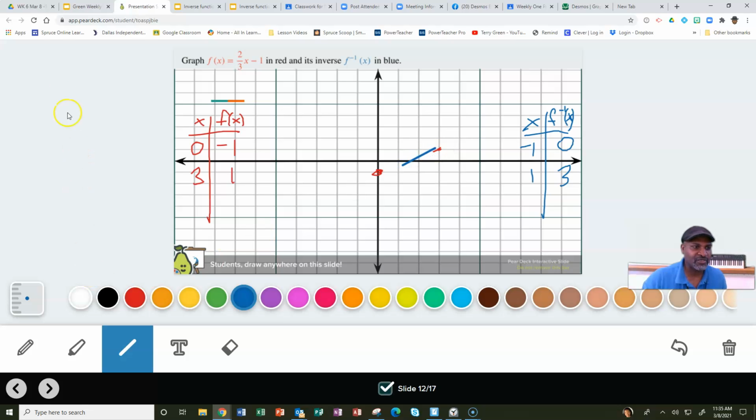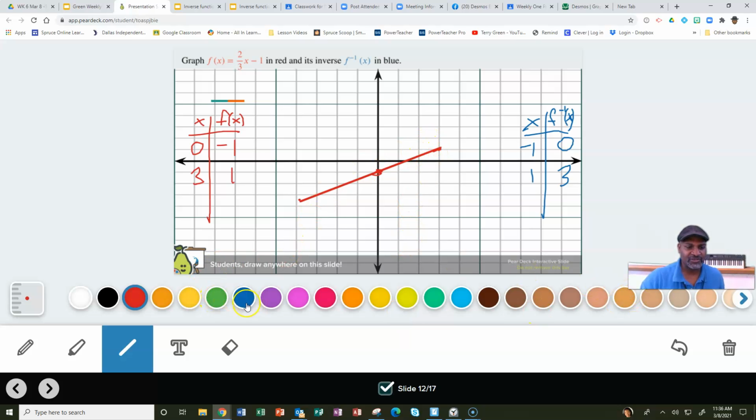Oh, wrong color. Let's see if this has an undo. And let's put this in the right color. And that's good. And I'm going to extend this line, making sure that my points stay connected.